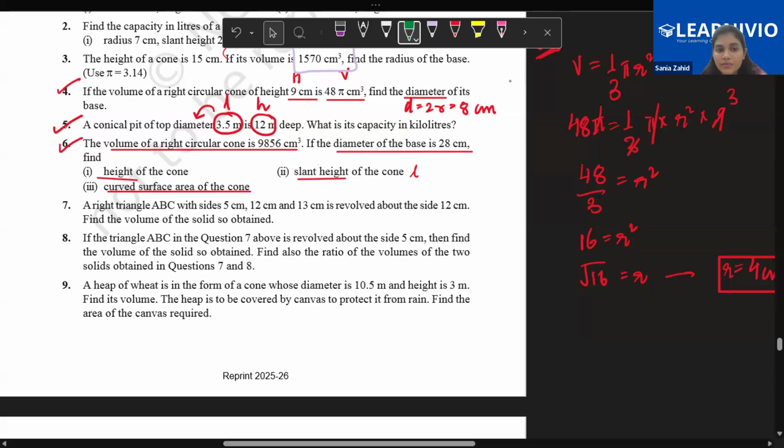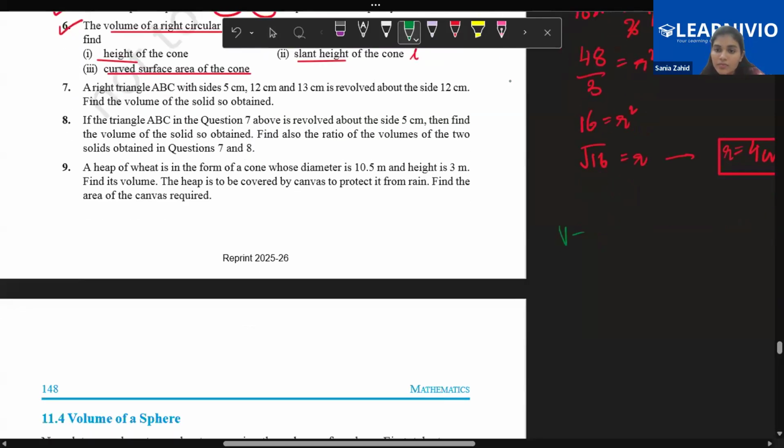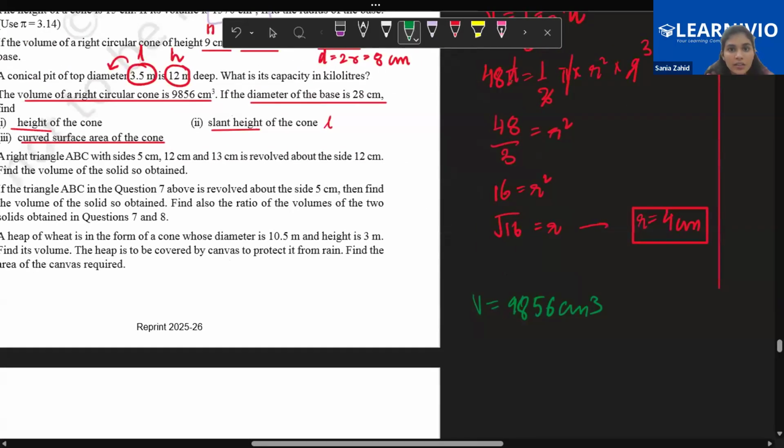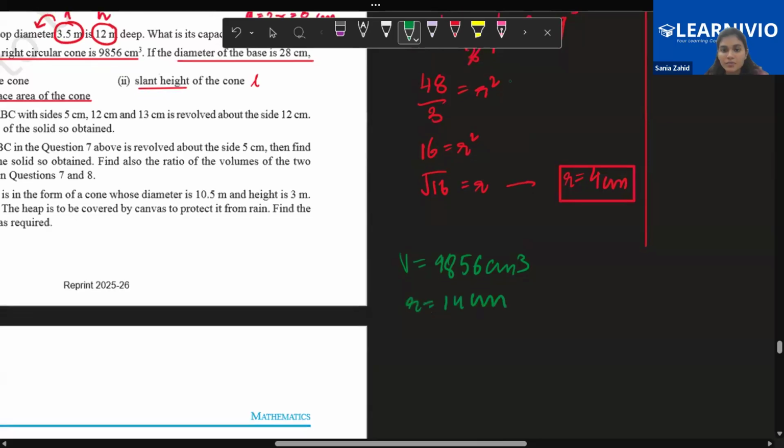Okay, everyone look here. Volume is 9856 centimeter cube. Given that the diameter of the base is 28 centimeters, so the radius becomes 14 centimeters. First, you have to find the height.